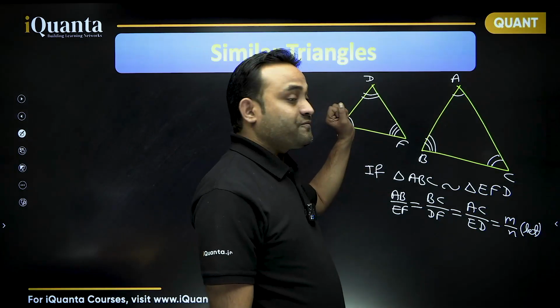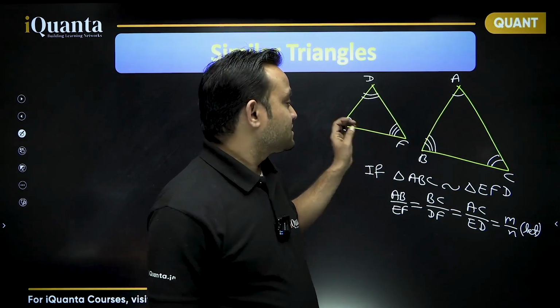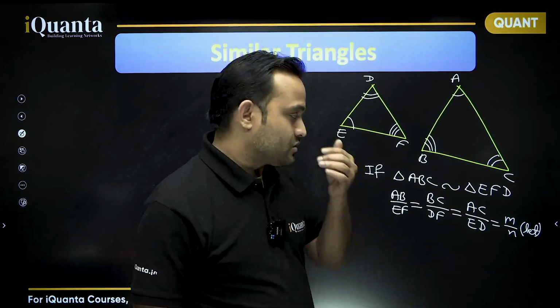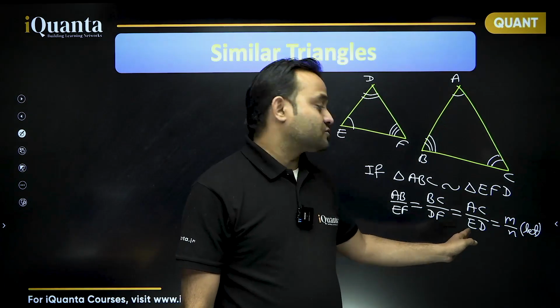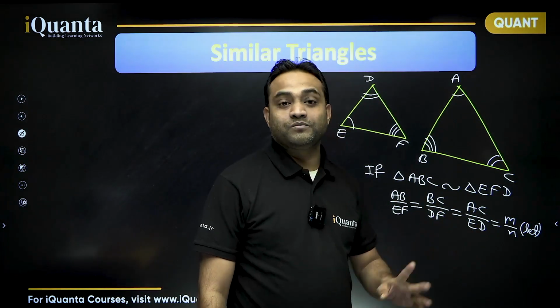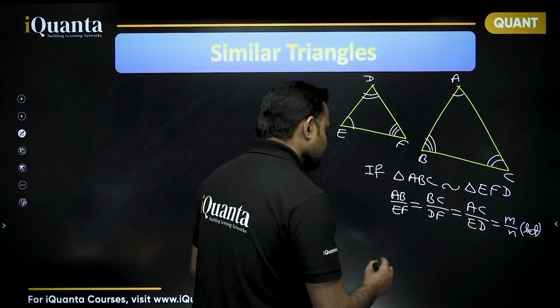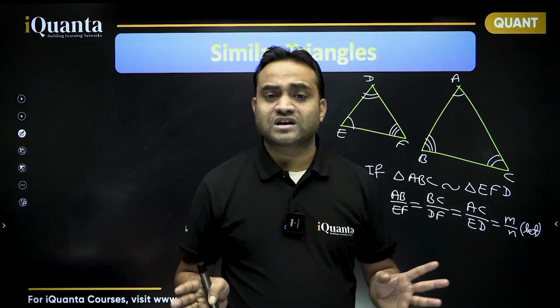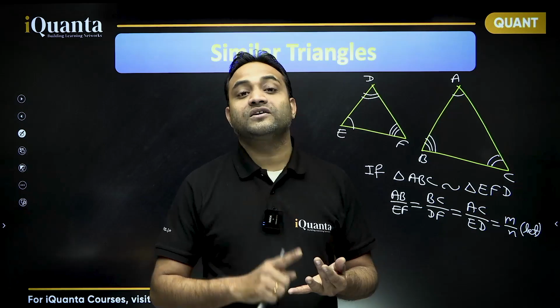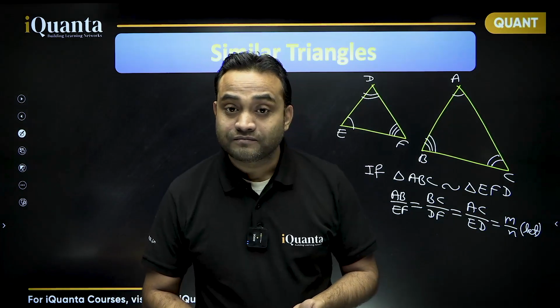Now, if two triangles are similar, then corresponding angles will be equal, and the ratio of their side lengths will be equal. Apart from that, we can also say that all the linear lengths, what are those linear lengths? In a triangle, linear lengths include the perimeter.